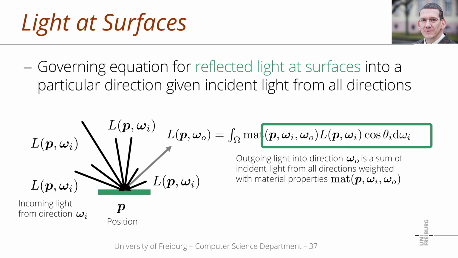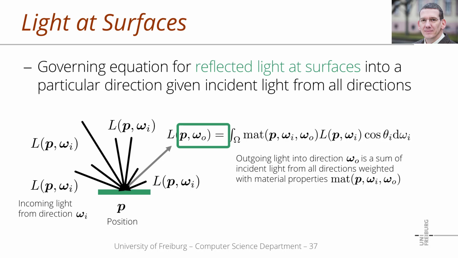Now the term material times incoming light times cosine theta is integrated over the entire hemisphere, and we end up with the light that is reflected from point P into the direction omega O. And this integral equation is the so-called rendering equation, and it governs the interaction of light with surfaces. So in particular, based on incoming light and based on the material properties, we can compute outgoing light into a particular direction.